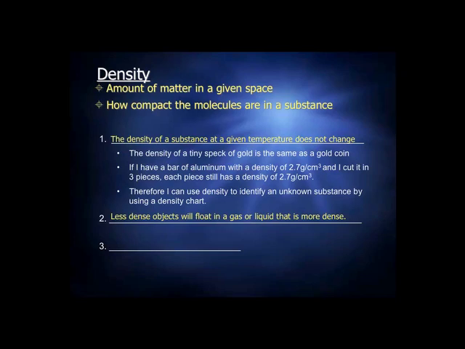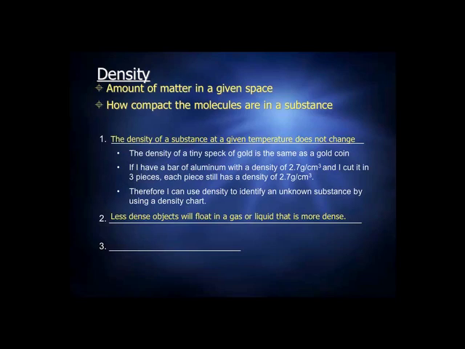right there. So this block of aluminum, if I put it in water, will it float? No, it will not. But this block of balsa wood will. What's the difference? The density. Aluminum is more dense than water, balsa wood is less dense than water.